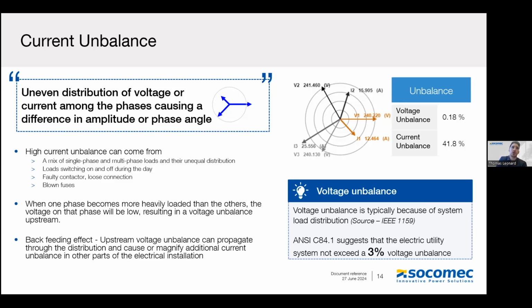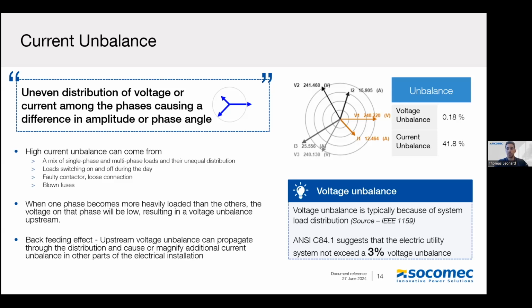But current imbalance usually comes from when you have a mix of single phase, two phase, three phase loads, and their uneven distribution across phases. That can happen also when you have loads that are switched on and off. So if you have single phase loads, for example, that are all on phase one, that's going to create a current imbalance.